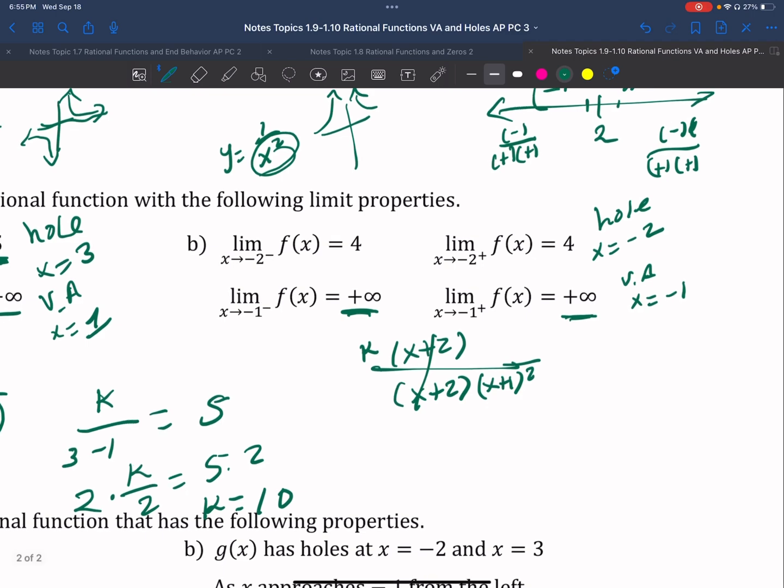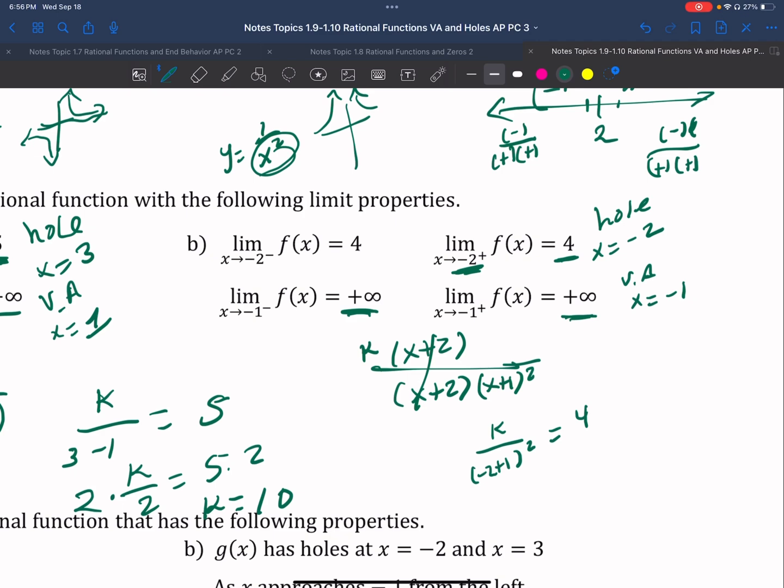So when I simplify this, I'm left with k over x plus 1 quantity squared, and then I have to replace my x with the x value of the hole, which is -2. So I'm just going to do that here by taking this out and replacing that with a -2. After that, I'm going to set that equal to my y value of the hole, which is 4. And then I'm just going to solve and figure out what the answer is once I find the k.